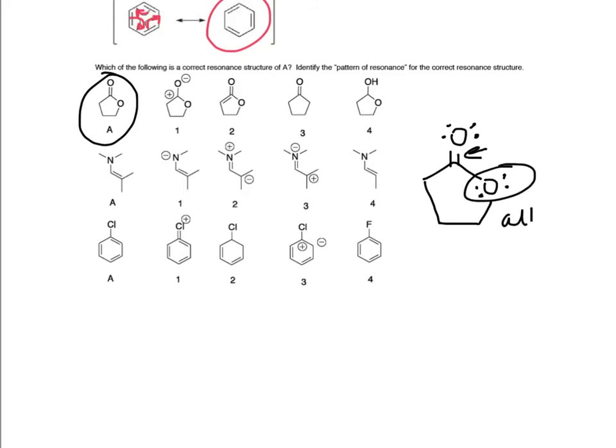These are allylic lone pairs. We also have a pi bond between a carbon and an oxygen. The oxygen is electronegative. So we can also push the pi electrons. So let's start with pushing the pi electrons onto the oxygen. That will generate structure 1.